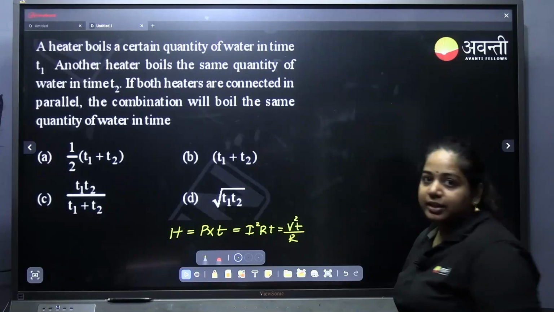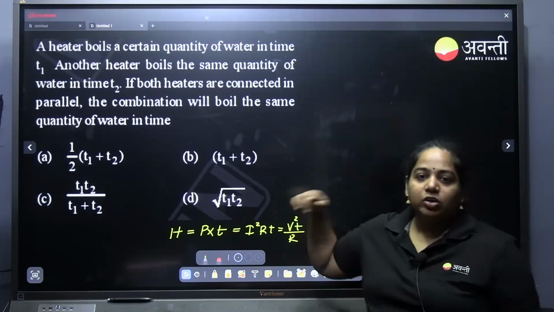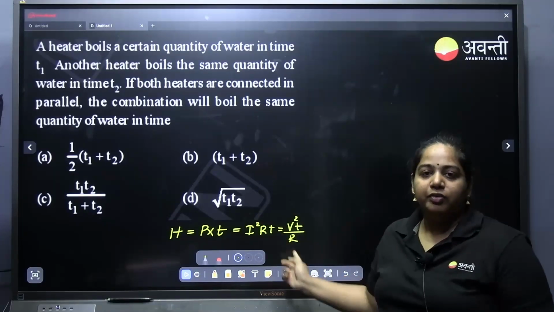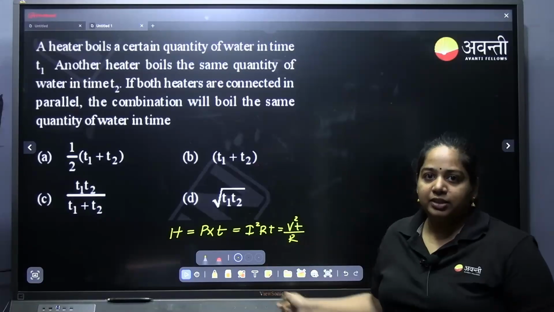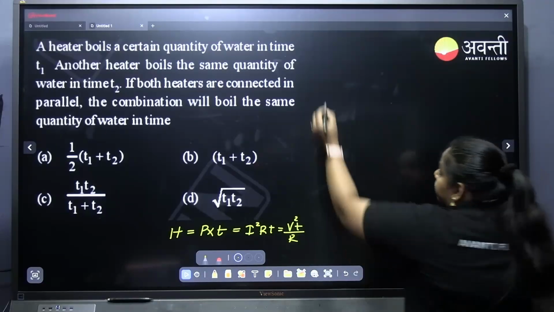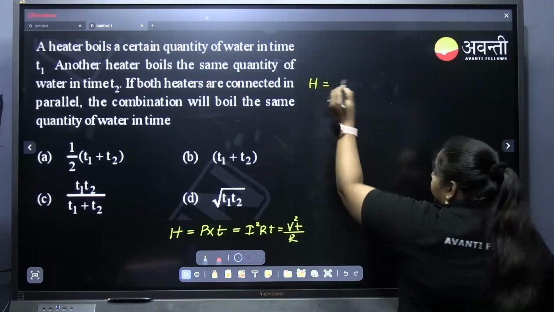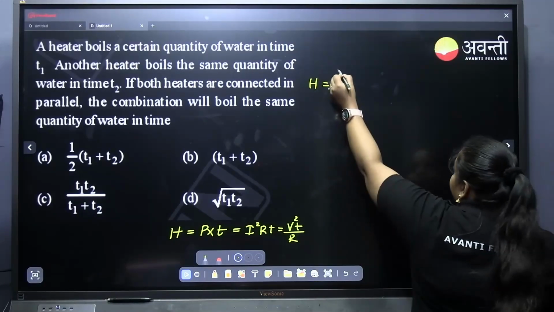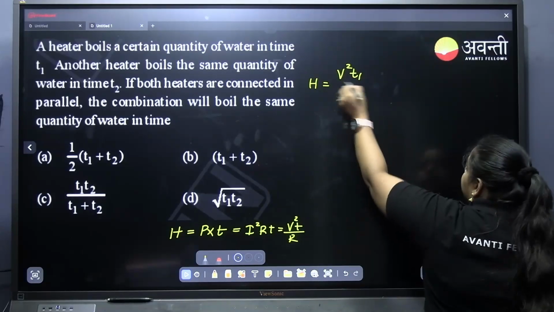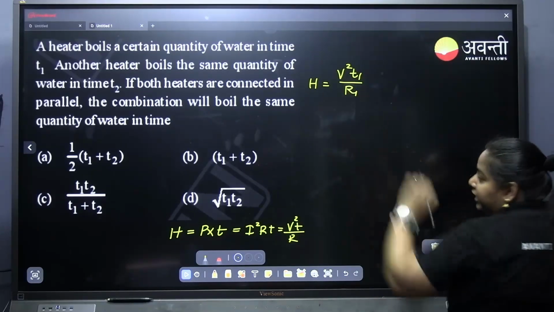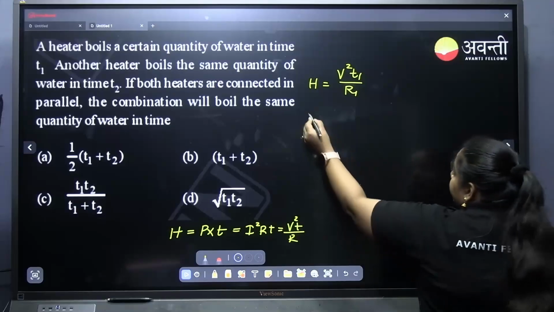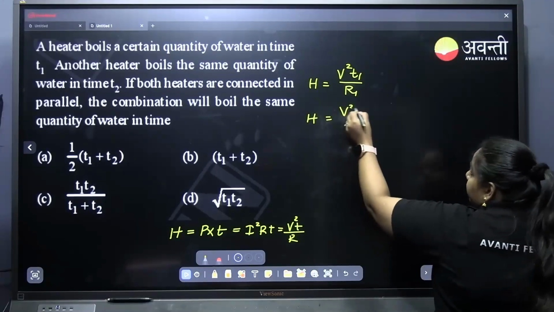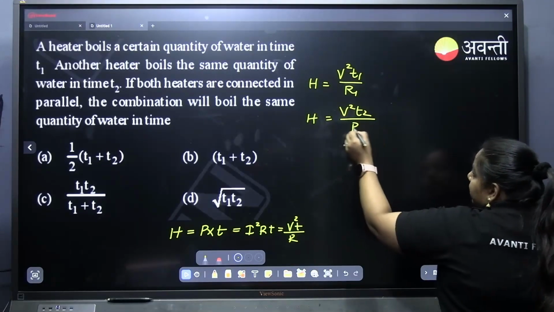So we have equations I square RT or V square T by R. Since we are talking about parallel connection, I told you we will take V. For the first one, heat will be same for both and voltage is also same. So V square T1 by R1 equal to H. Second one, H is equal to V square T2 by R2.